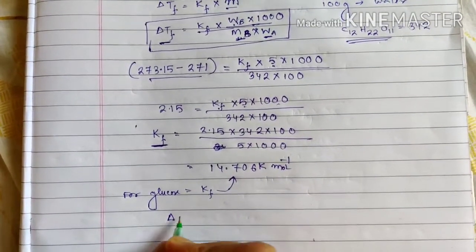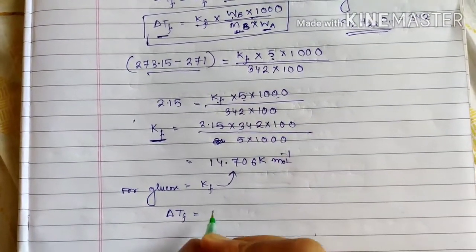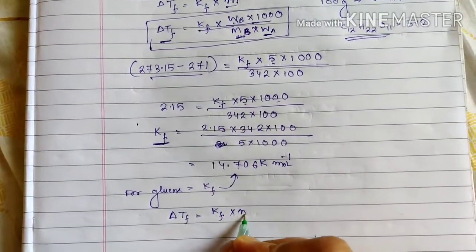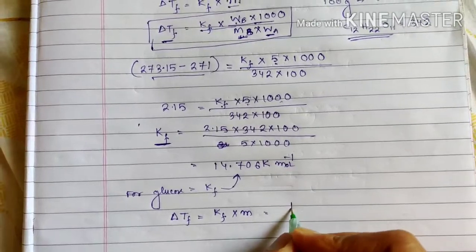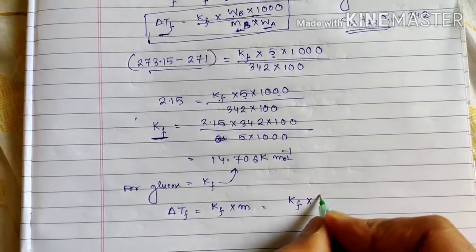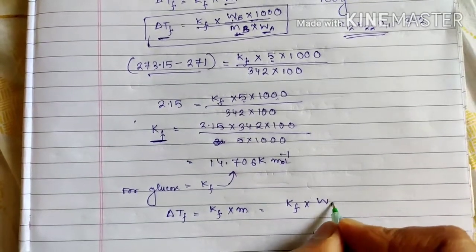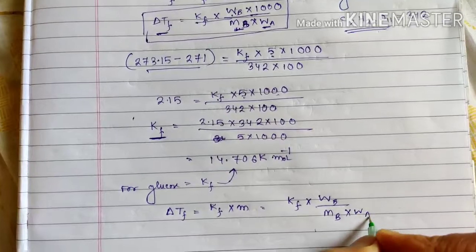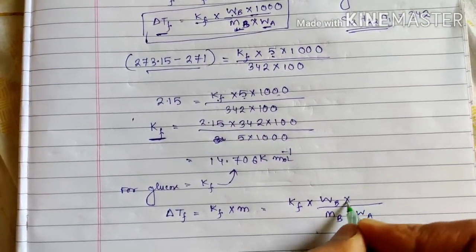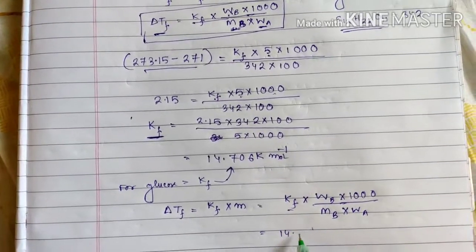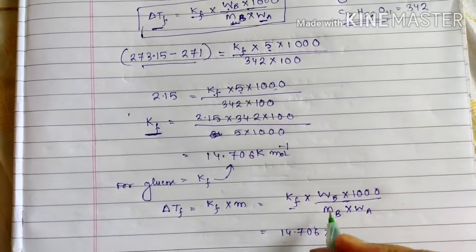There also, to calculate delta Tf, it should be Kf into m, which is Kf, the value we already know, into the same formula, Wb by Mb into Wa into 1000. Now Kf, as we have calculated, is 14.706.